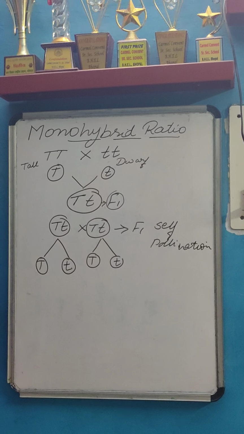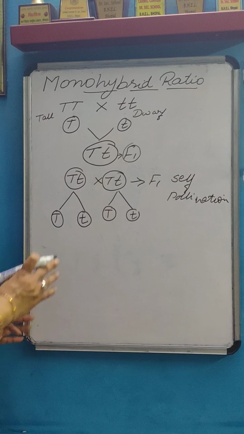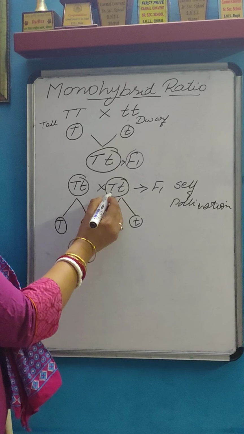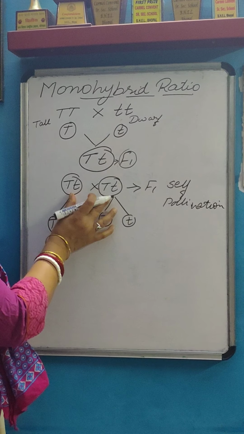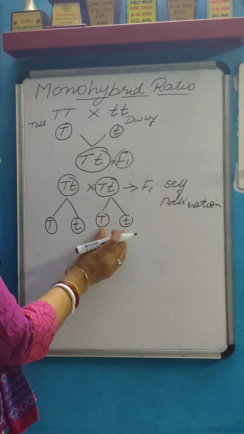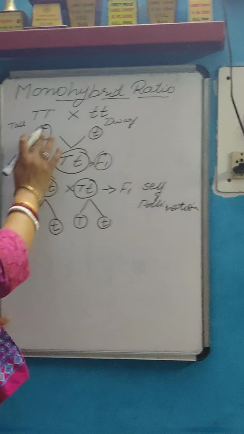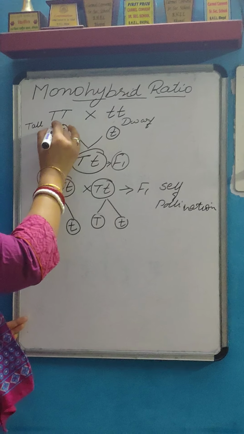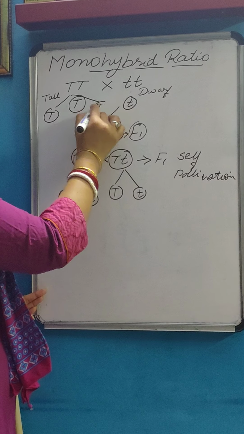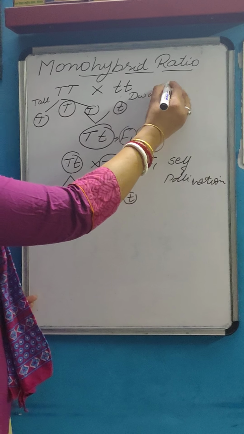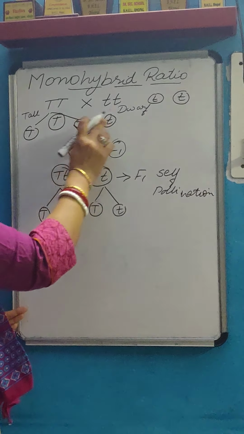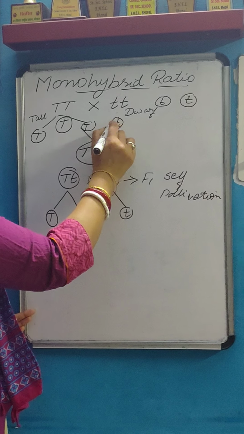So here capital T and small t, these F1 generations were self-pollinated and we are getting the gametes over here. Whereas here also these gametes are dissociating. It is capital T and this one also small t and small t. But they are similar, so we are taking it in the single form.